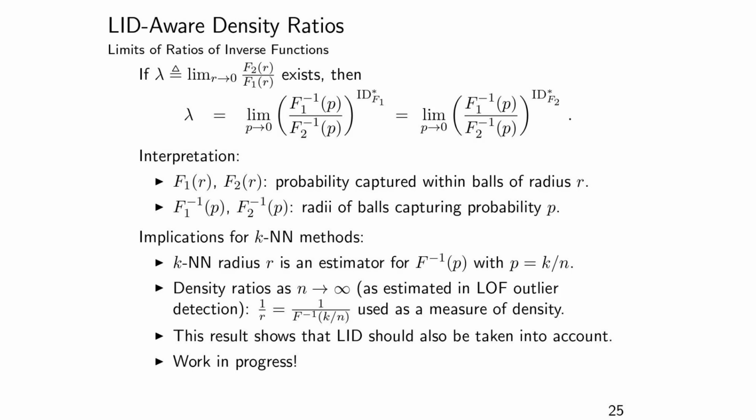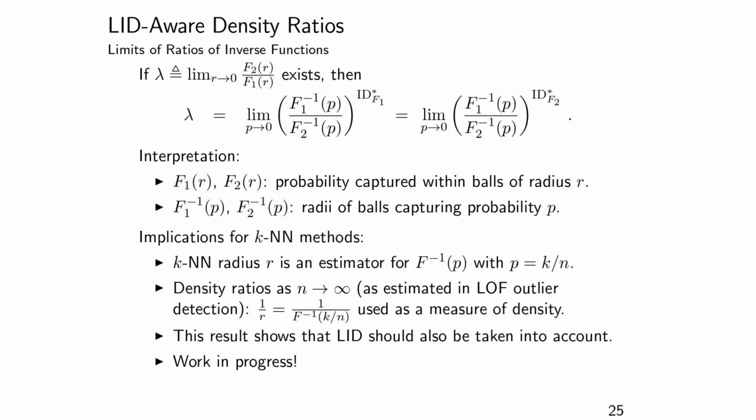And so that means if we take the k nearest neighborhood and take its distance to the boundary, then what we get is an estimate of the distance value r that would achieve a probability of k over n.